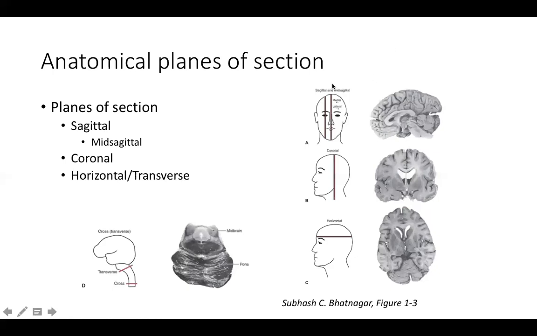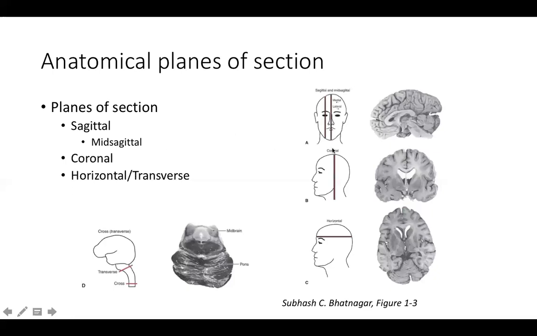The sagittal plane is essentially if you take the section straight down from the 2 hemispheres. Mid-sagittal would be smack in the middle of the 2 hemispheres, and sagittal would be at any end. So this would be sagittal here, and mid-sagittal would be very towards the midline, towards the middle.